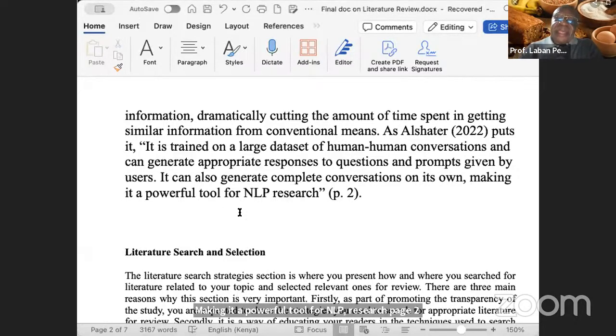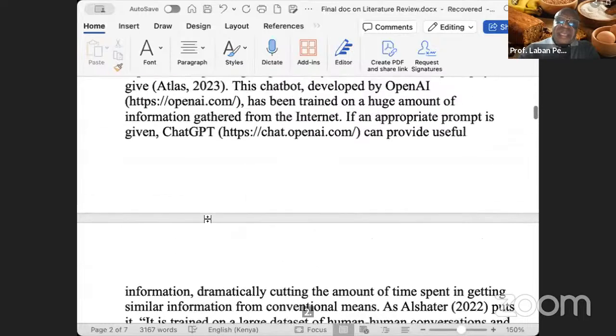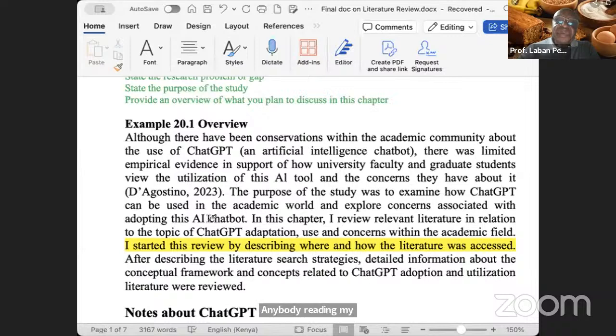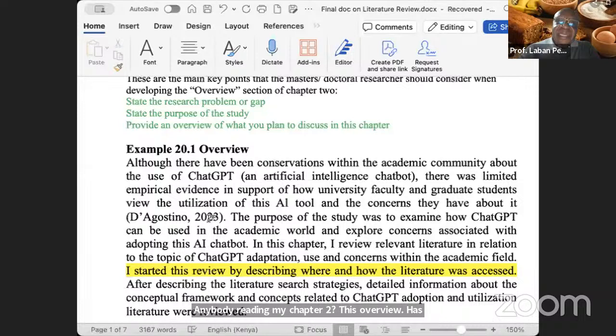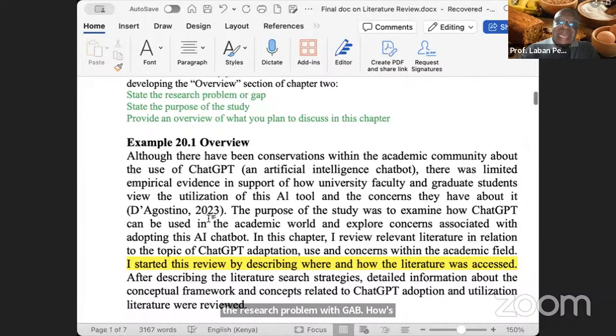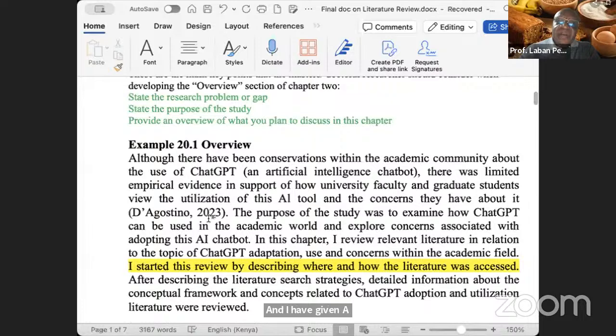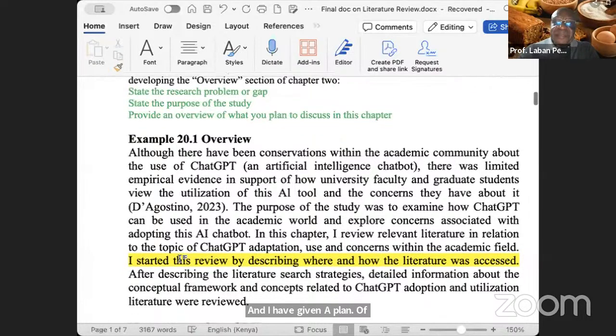Yes. I don't worry about NLP research, you will give the meaning of the acronym, but I'm saying this. Anybody reading my chapter 2, this overview, has gotten the research problem or gap, has seen the purpose of the study, and I have given a plan of what I'm going to discuss in the chapter.